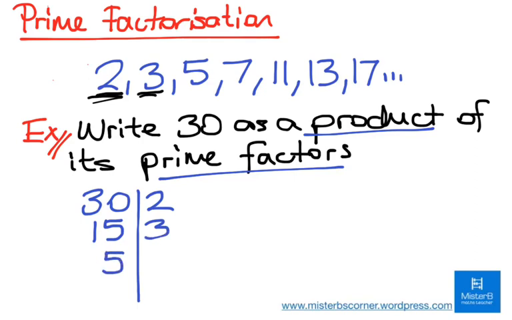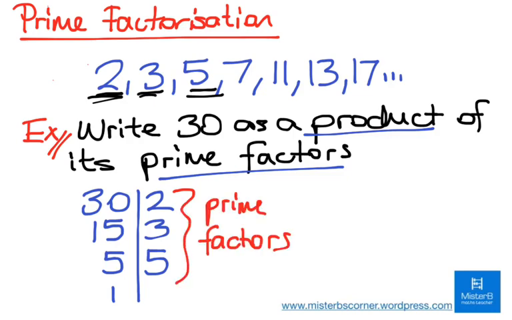Just because I cannot go on with 3 now, because 5 is not divisible by 3, I have to go with the next prime, which is 5. So I'm going to write 5 here and ask how many 5's are there in 5? And the answer is 1. By the time you end up with 1, you should understand that you're done. And basically, these are the prime factors of 30.